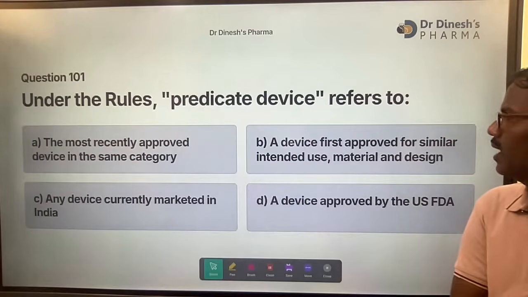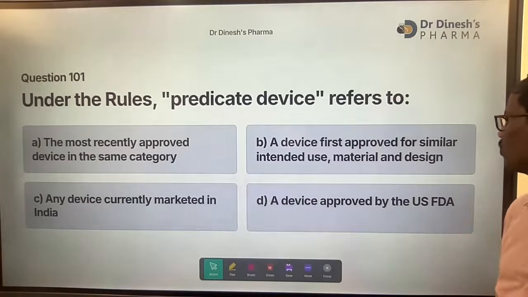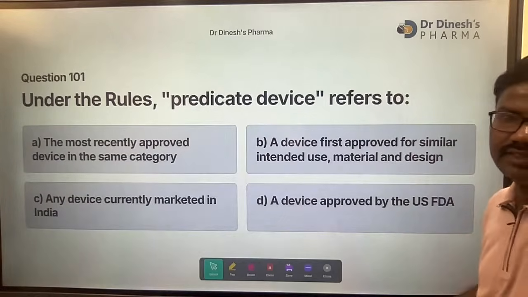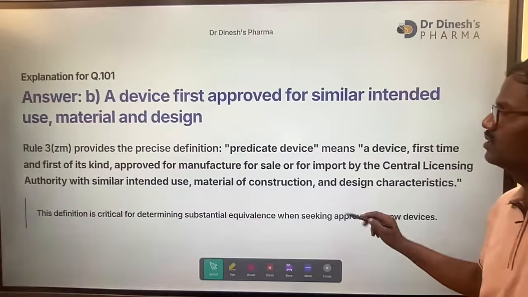Right, a device first approved for similar intended use, material and design. That is the predicate device.